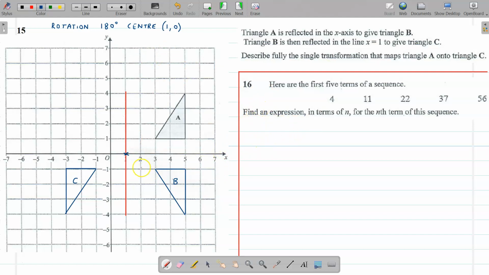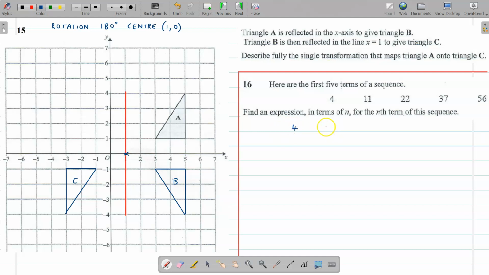Now, question 16 is about a sequence, and we've got to find an expression for the nth term of the sequence. First thing to do is a little table, this is the best method.